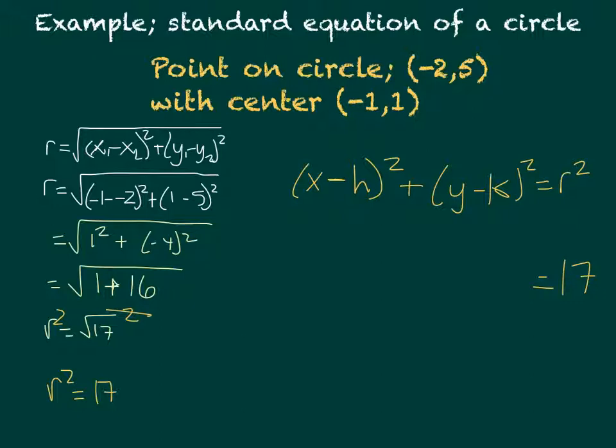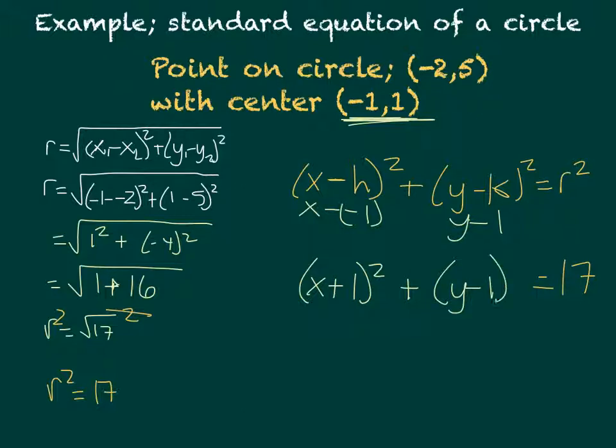And then with the h and the k, what we need to do is look at our center point. So x minus h would be x minus -1, and then my k would be y minus 1. So my final answer would be (x plus 1) squared plus (y minus 1) squared equals 17. Final answer.